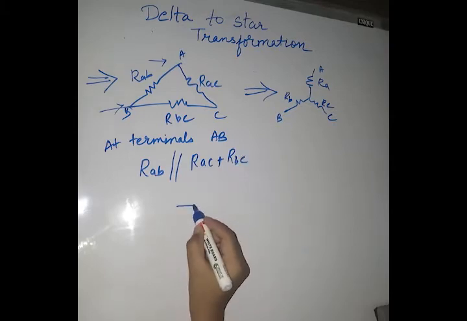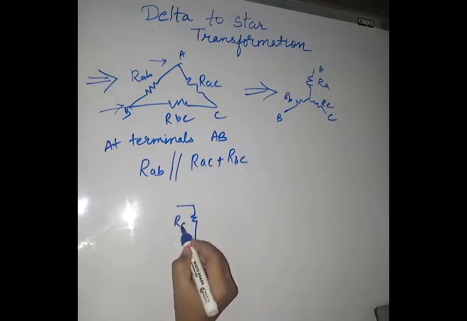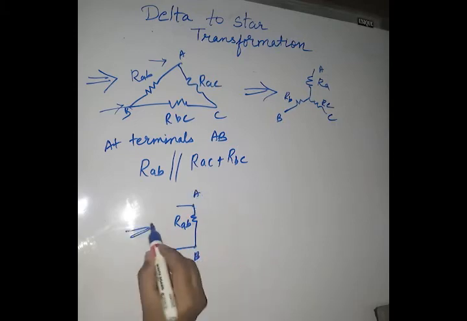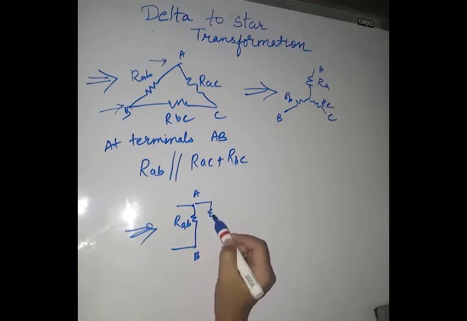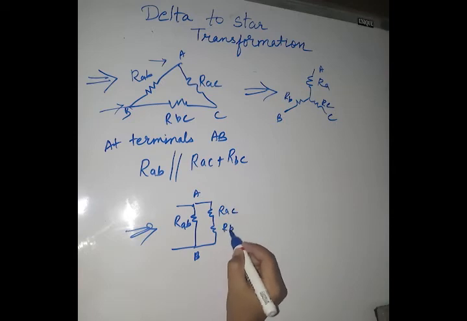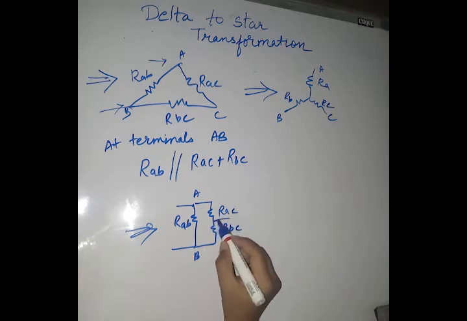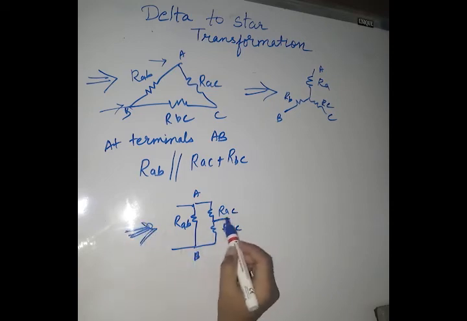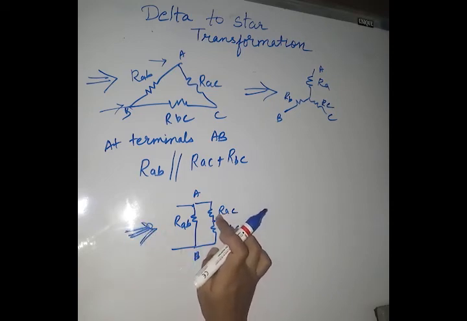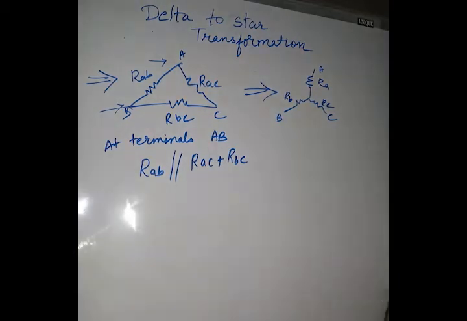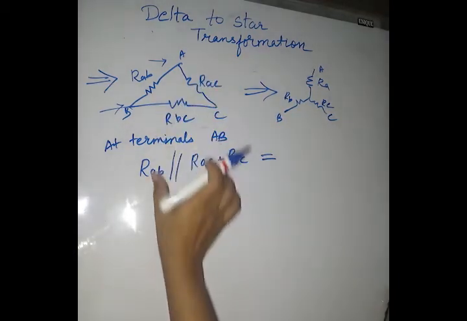You can assume like this, that is this is RAB, points are A and B, you are looking from this side, so this is RAC, this is RBC. C point is open circuitry because we are seeing from this side, so it will not affect, so this will be in series, that's why RAC plus RBC, which is equal to, this was for delta side.